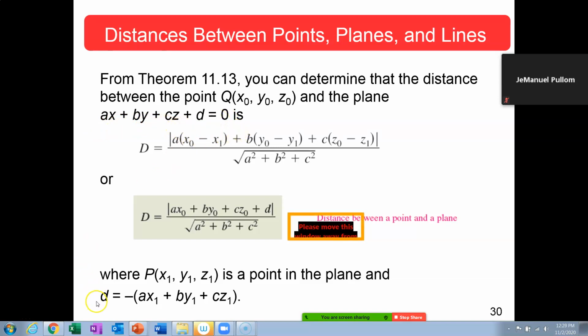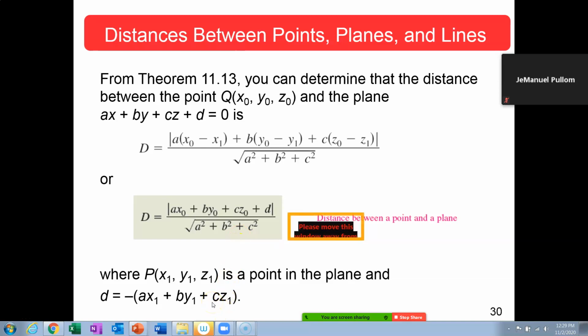So that gives you that little d here is minus ax minus by minus cz at point 1. Okay? Because this point is on the plane, therefore it satisfies this equation. And all you have to do is plug in x1, y1, z1 there, and subtract them.